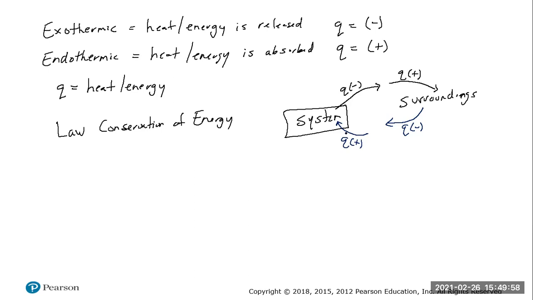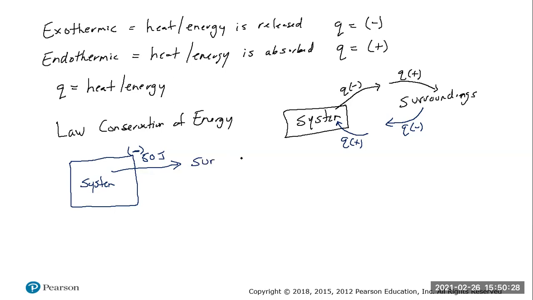The conservation of energy tells us that if we take our system and make up a number, say this system just gave away 50 joules of energy, it released 50 joules of energy. That would mean it is negative 50 joules of energy because the system is releasing it. What would that mean for our surroundings?